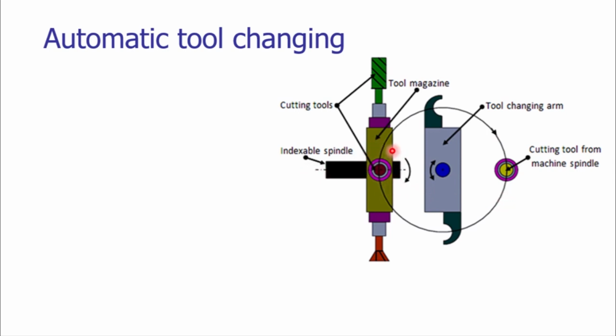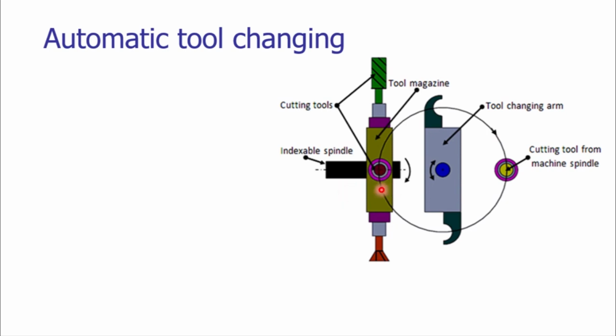The tool magazine is mounted on the indexable spindle. On the periphery of the tool magazine, various tools are held. All these are the cutting tools. Let us look at this situation. This particular tool, its axis is also perpendicular to the plane of paper.